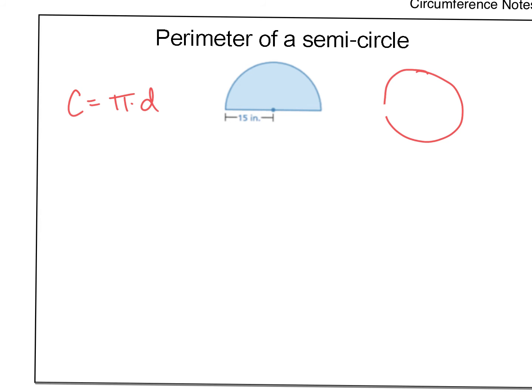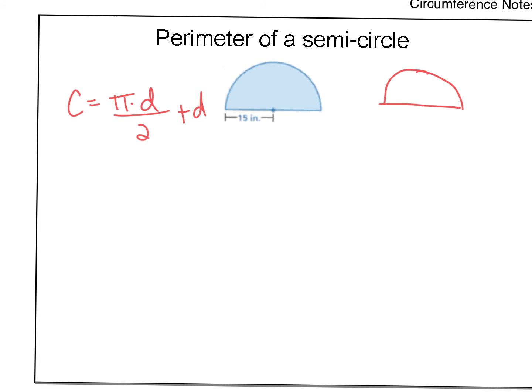So since I have to delete half of my circle, then I'm going to divide by 2. All right, but then in my picture here, it has a diameter. So that means I have to add a diameter back to my circle. So plus diameter. All right, great. So now that we've got our formula, let's get started.